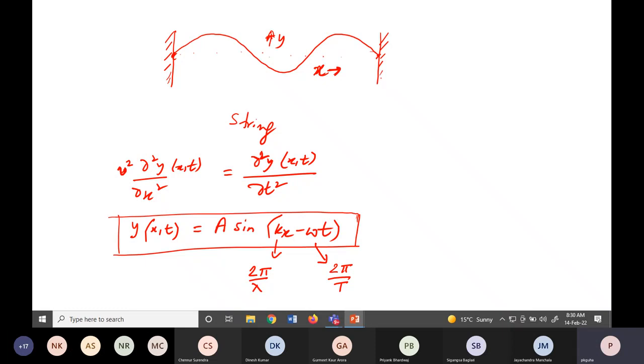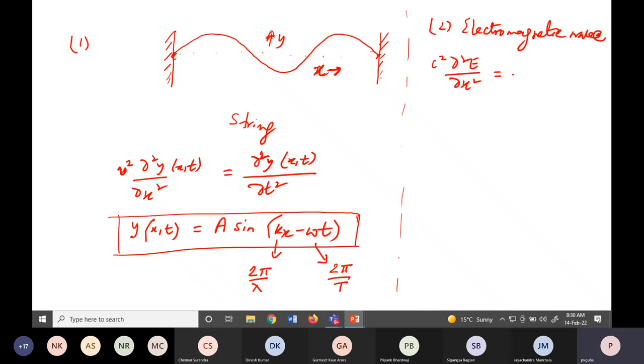Now we can talk about similar examples. For example, electromagnetic wave, right? Light wave. So there is an electric field, magnetic field. You can say electric field.